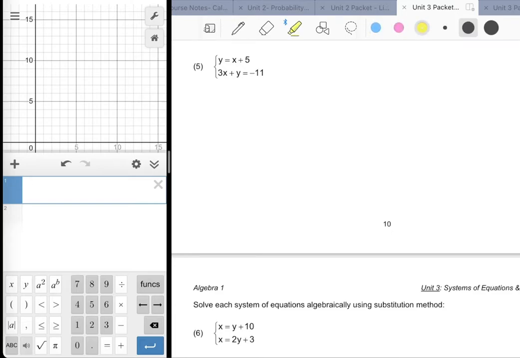All right? So y is equal to x plus 5 tells us that y can be replaced with x plus 5 in the second equation.